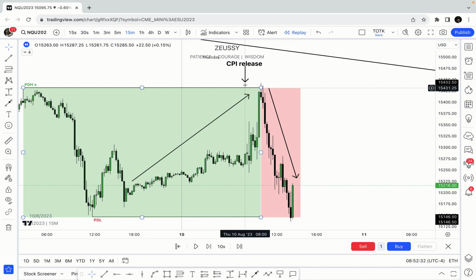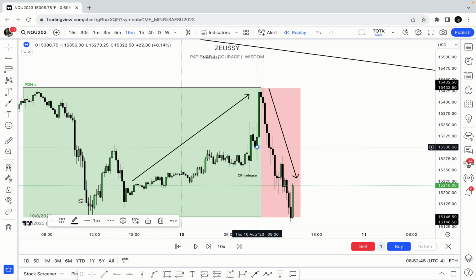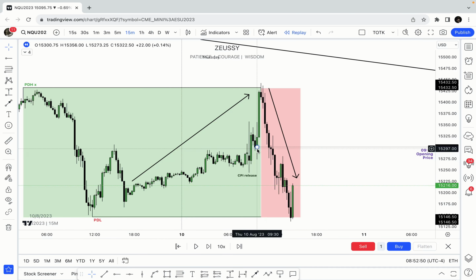So we wait for CPI to release at 8:30 here. Boom. That gets printed. Then 9:30 comes along. 9:30, due to swing higher. Market runs up.